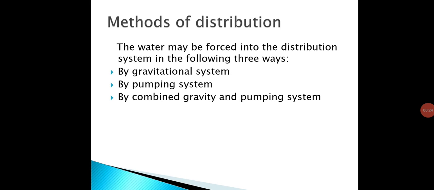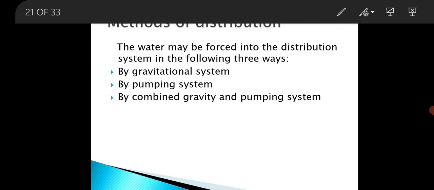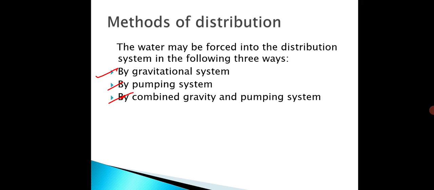So depending upon the level of the source of water, the topography of the area and other local condition, the water may be forced into the distribution system in three different ways: by gravitational system, by pumping system, or by combined gravity and pumping system. So now we will discuss in detail about the systems.